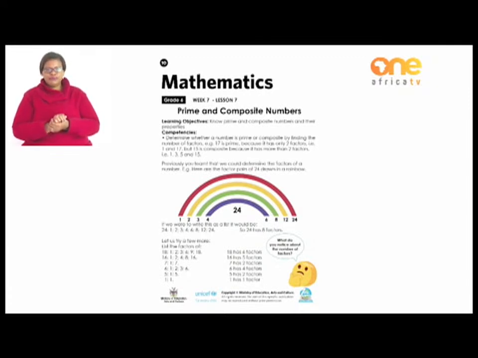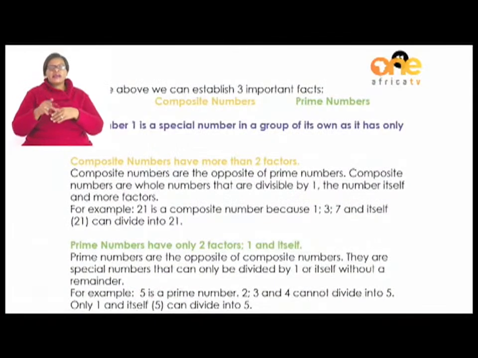Now, I want you to notice the difference. Let's go back to page 11. The reason why 1 cannot be regarded as a prime number is because it only has one factor. Okay? In order for a number to be considered a prime number, it must have two factors, which is 1 and that number itself.